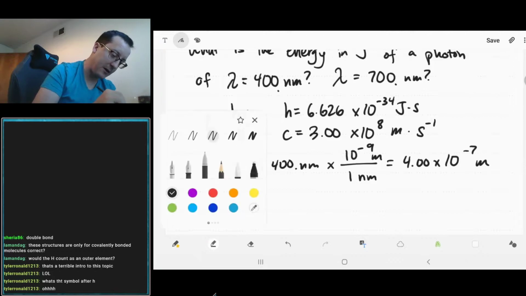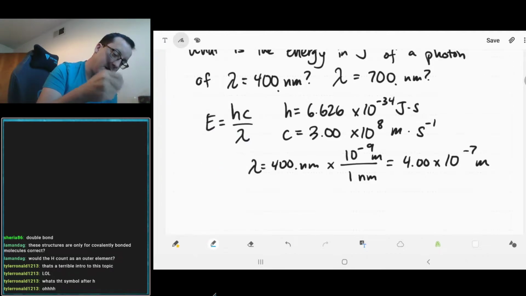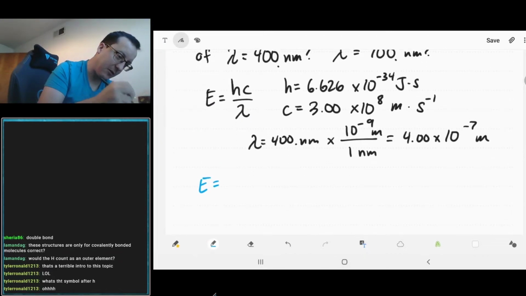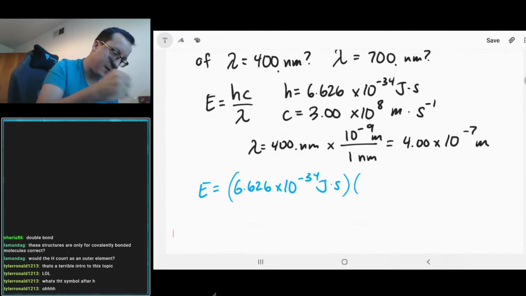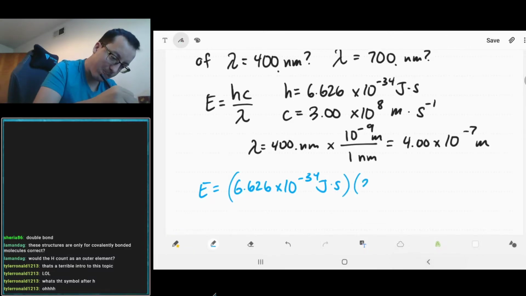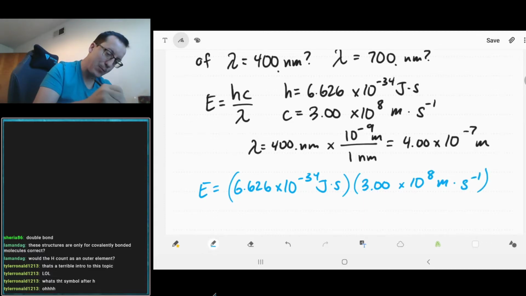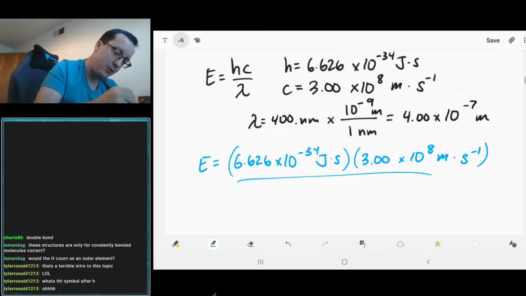All right, math, here we go. So the energy, therefore, is going to be equal to 6.626 times 10 to the minus 34 joules times seconds, times the speed of light, over our wavelength.